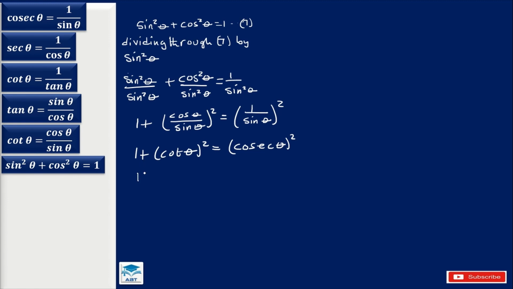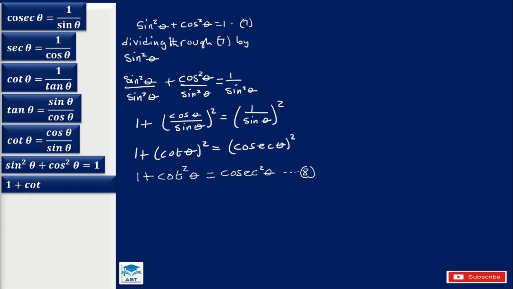So we have 1 plus cot square theta, since cot square theta is the same as cot theta all squared, is equal to cosec square theta. Let's name this equation number 8. So we have another identity: 1 plus cot square theta is equal to cosec square theta.